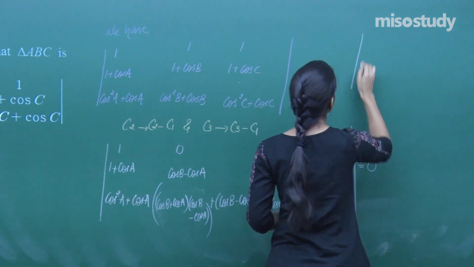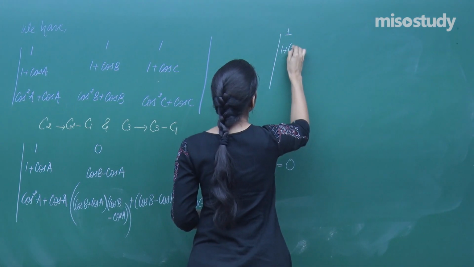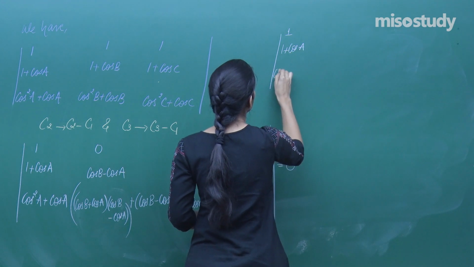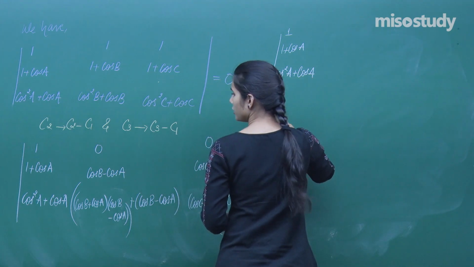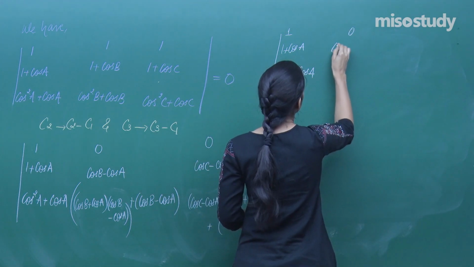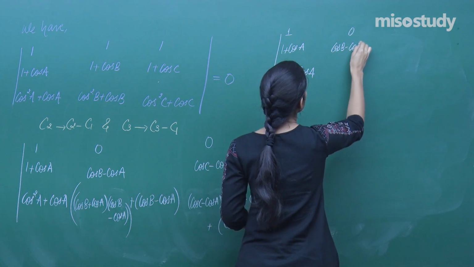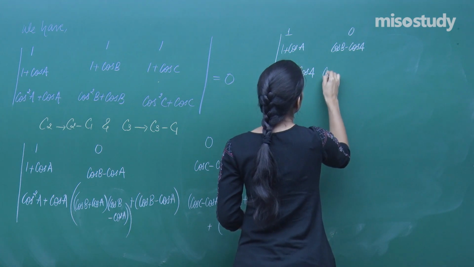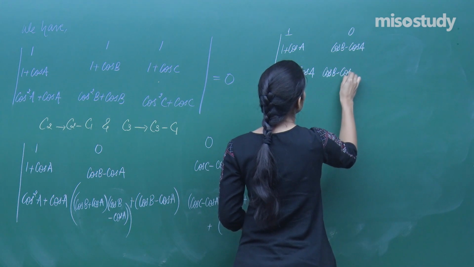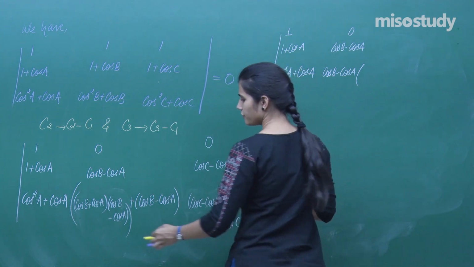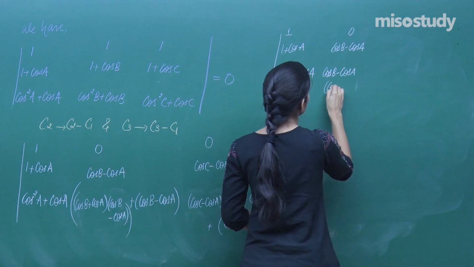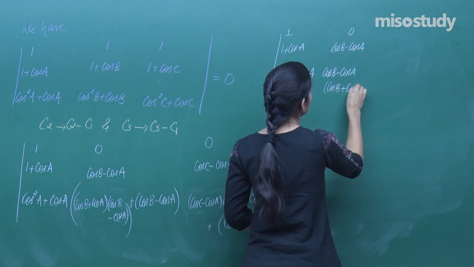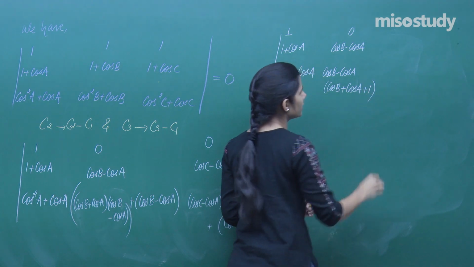So let's take it out. I am having 1 plus cos A, cos square A plus cos A. Here you have 0, cos B minus cos A, and here again cos B minus cos A common. Inside you have cos B plus cos A plus 1.